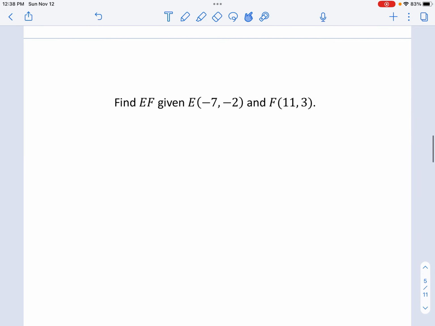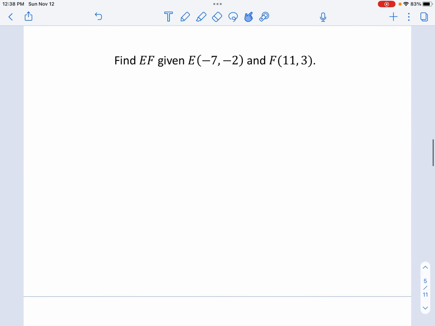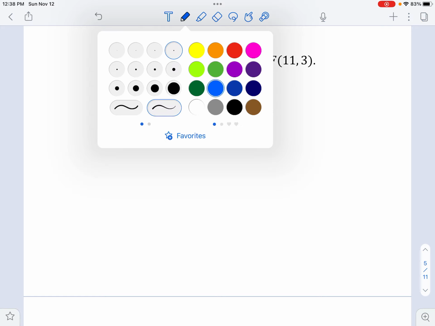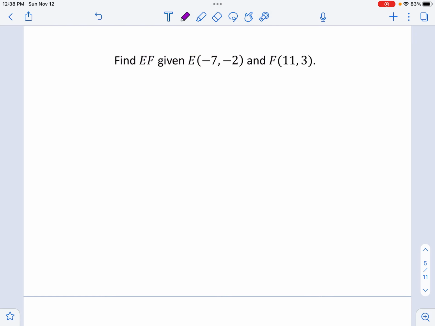Let's try one more to just make sure we understand that. So in this one, again, we'll call this point 1 and this point 2. If it helps to label, you can.